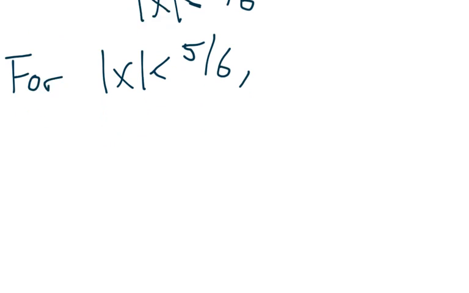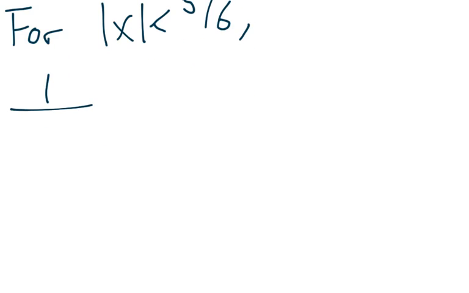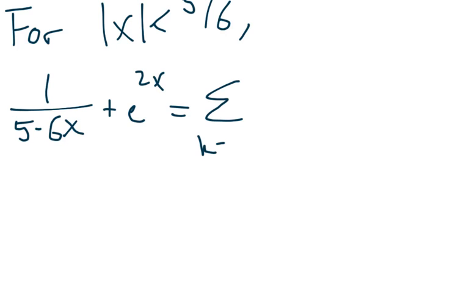then we know that 1 over 5 minus 6x plus e to the 2x, now we can bring both inside the same sum. But you can only do that if you're within the radius of convergence.